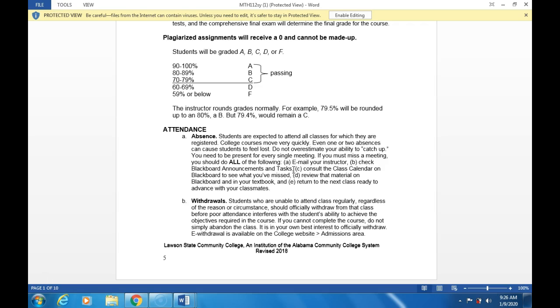Now, I wasn't supposed to change this, but I had to. Let me tell you how this used to read. The instructor always rounds up, never down. That's how this first statement read. And then the second statement was exactly this one. For example, a 79.5% will be rounded up to an 80%, a B. But a 79.4% would remain a C. Well, guess what?